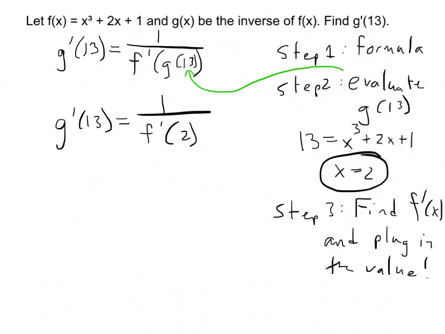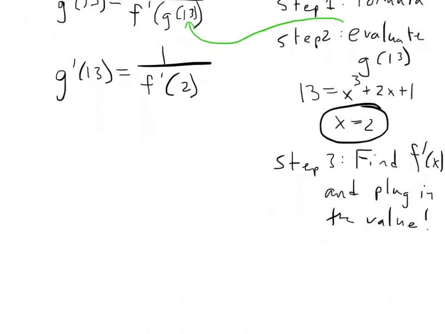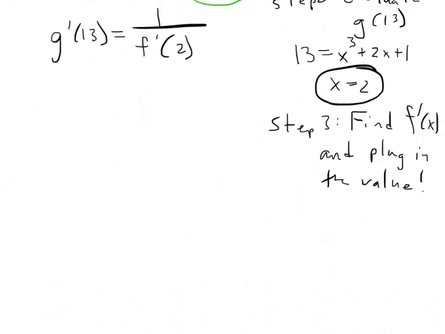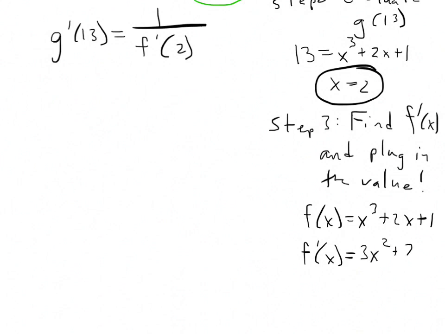Right? So I'm running out of space a little bit here. If my original function was x cubed plus 2x plus 1, it means f prime of x, the derivative, is 3x squared plus 2, which means f prime of 2 is 14.